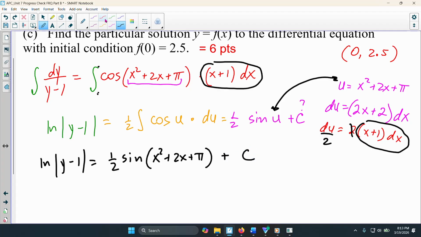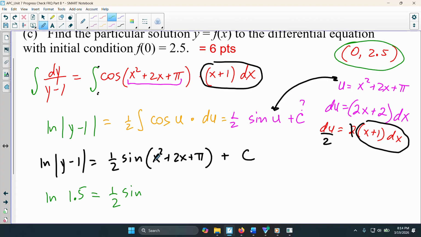Now we have to plug in this point to find the value of C. Well, let's do it. So ln of y is 2.5. Well, 2.5 minus 1 is 1.5, that's positive, so I don't need absolute value. Equals, on this side, 1/2 sine of, plug 0 in here.